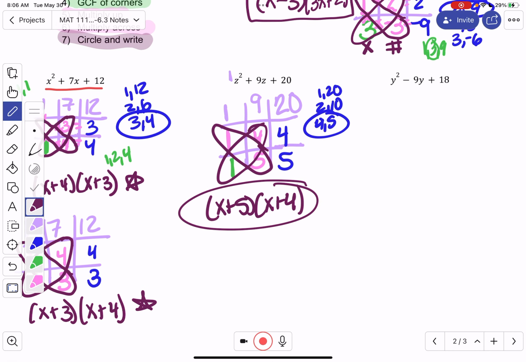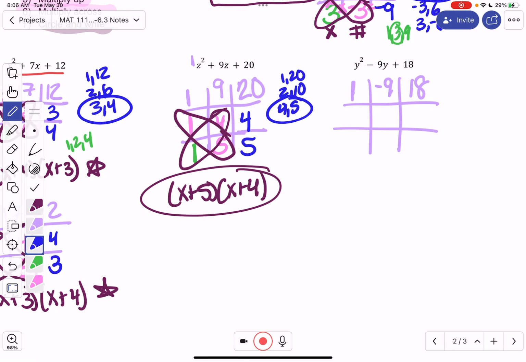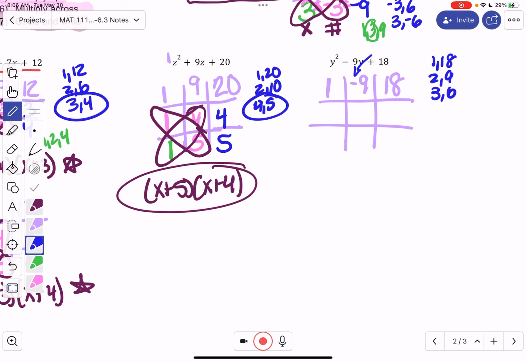Let's try another one here. There's no greatest common factor. So we tic-tac-toe. A times C. Factors of 18 are 1 and 18, 2 and 9, 3 and 6. None of those add up to negative 9. How else can we get positive numbers? Well, if I do negative 1 times negative 18, I get a positive 18.